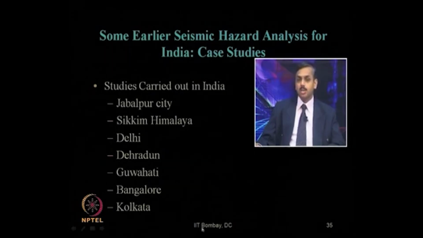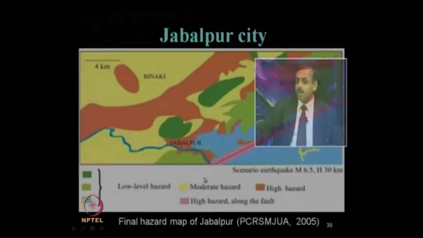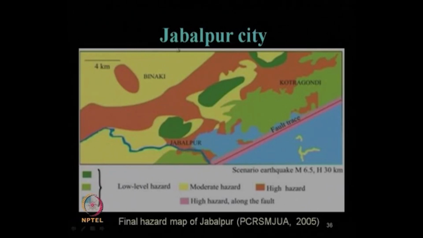There are many other regions, and there are many researchers who have contributed a lot. So, just a quick review: for Jabalpur city, this is the reference, and this is the final seismic hazard map proposed for Jabalpur city.